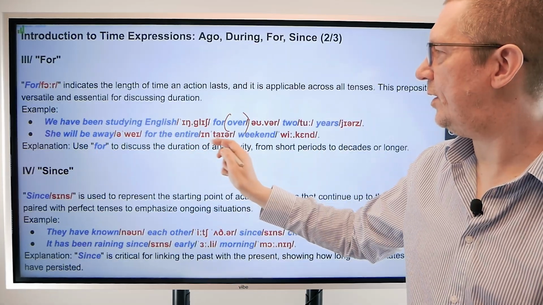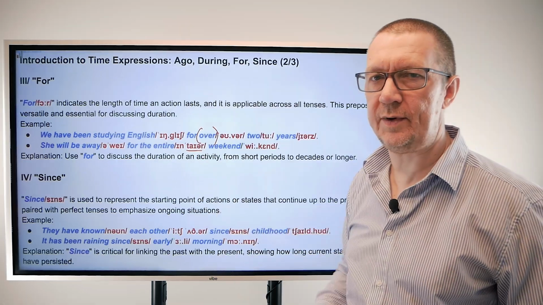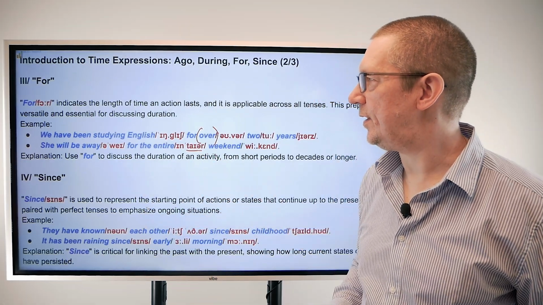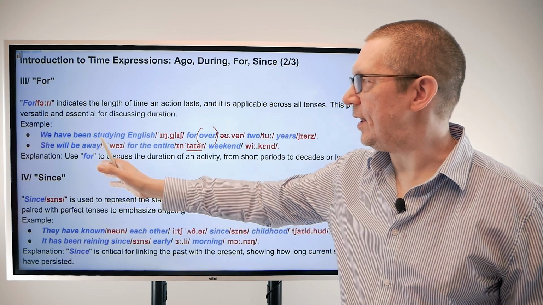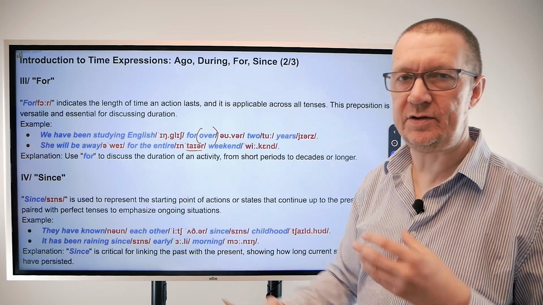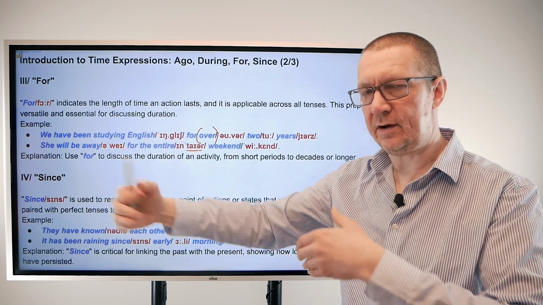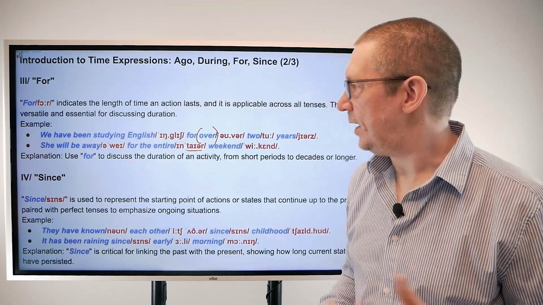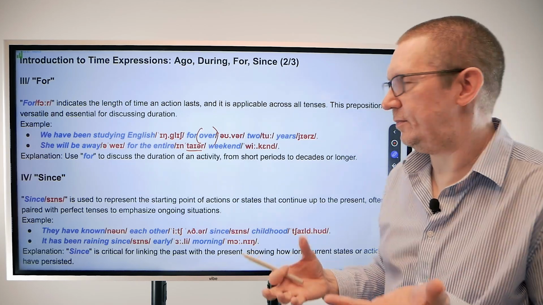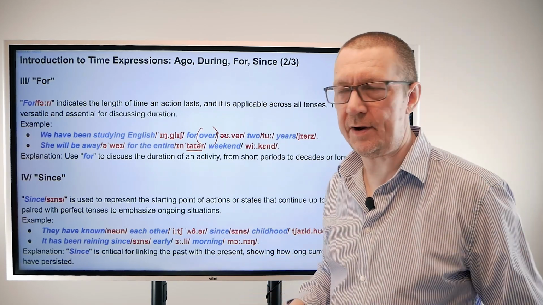Okay, entire as well. This is kind of an interesting word, entire weekend. Make sure this is an eye sound, entire weekend. Again, we're being told how long she will be away. She will be away for this time. Okay, and it's used to discuss duration of an activity as well. So for example, for short periods or for longer periods as well.